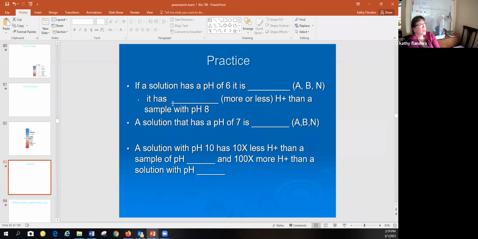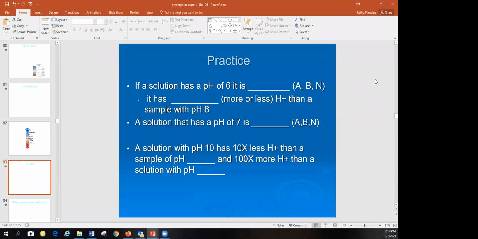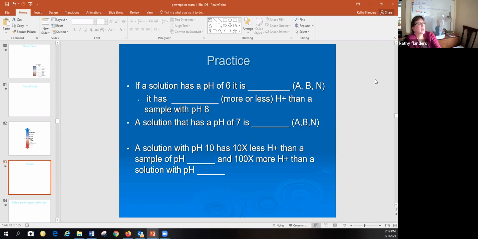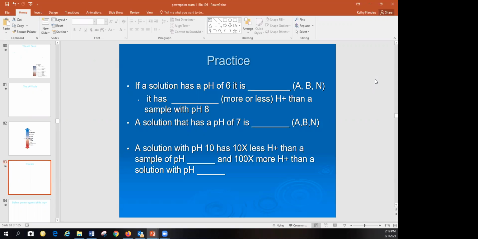Here we go. Okay. So if a solution has a pH of 6, it is considered acidic, and it has more or less hydrogen ions than a pH of 8? More. It does, it has more.